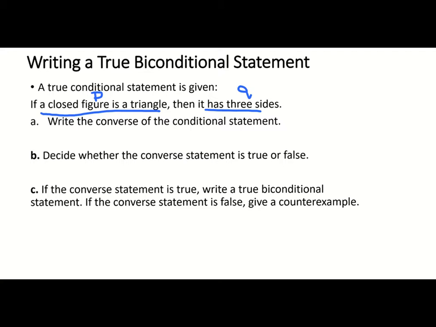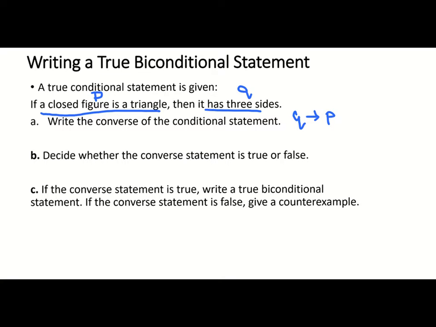But to be able to write it as a biconditional statement, both the conditional and the converse statement have to be true. So first we're going to write the converse of our conditional statement. Remember, your converse would be if Q, then P.